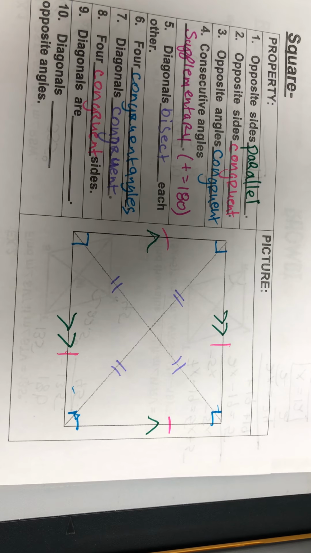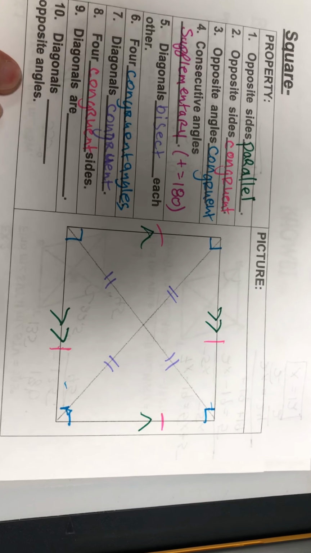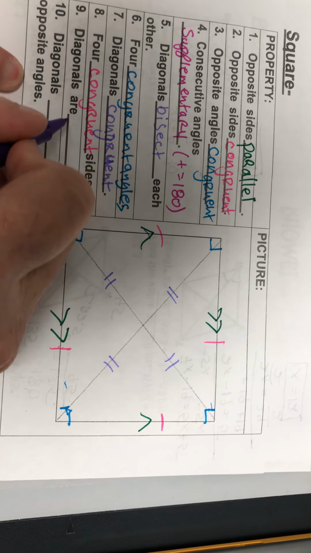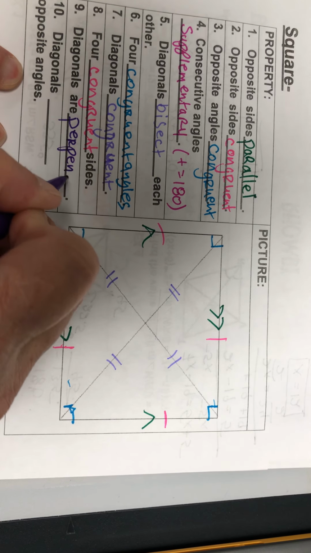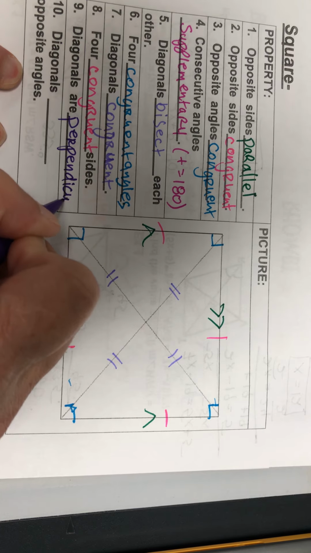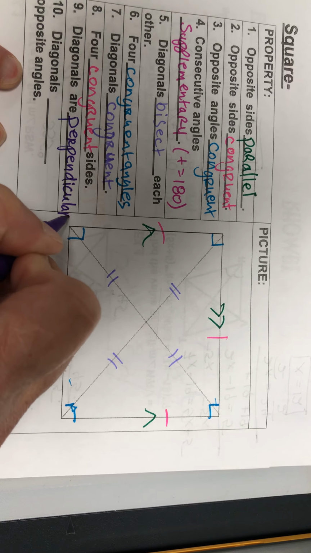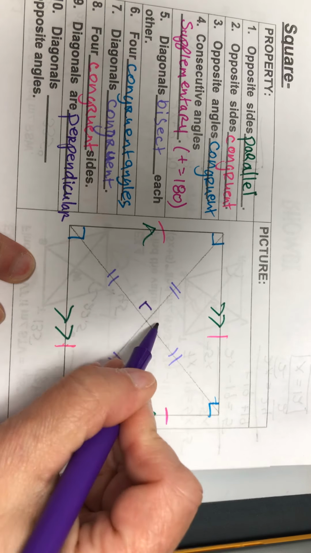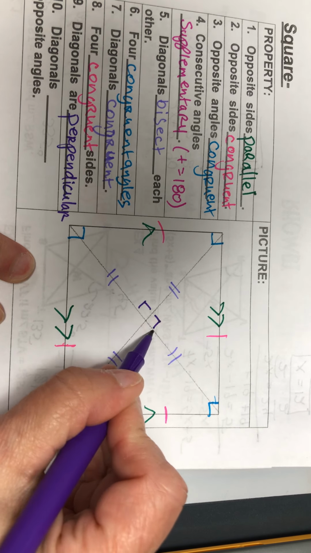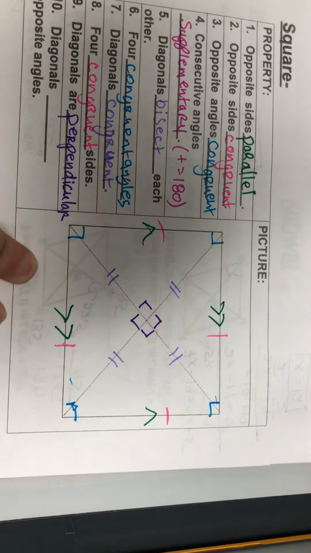And the diagonals are perpendicular. So we have right angles here. Does not look so much like that in this picture.